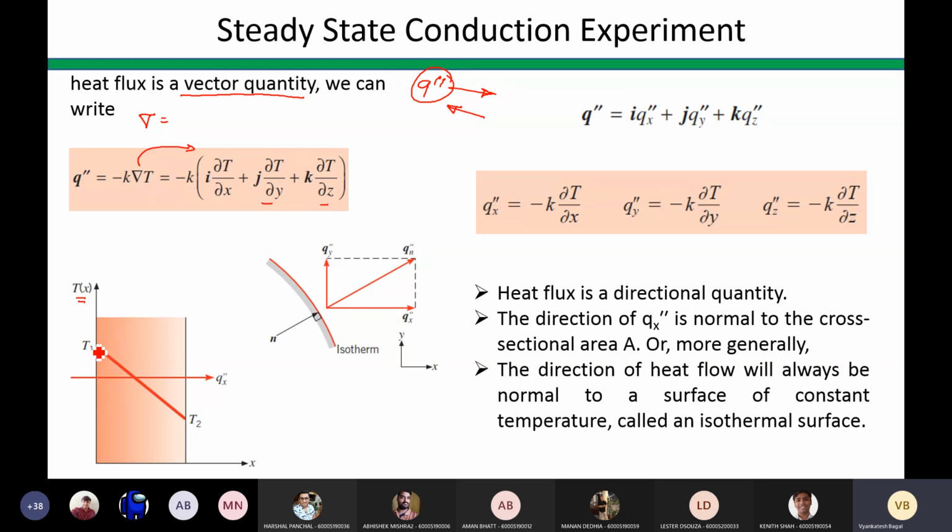Getting or not? So the temperature is varying, or the heat transfer is taking place in x direction alone, right? For that rod. So the temperature distribution will be like this only in case of that rod. So on the left face, temperature is T1. On the right face, temperature is T2. And I'm considering the linear temperature distribution. And the direction of the heat flux will be from left to right, like this, Qx double dot. Clear?